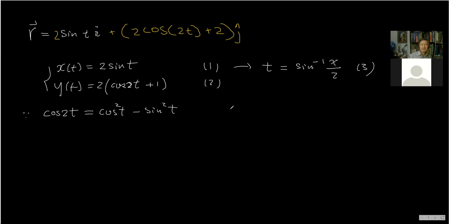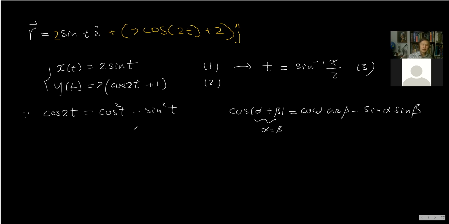It comes from cosine alpha plus beta equals cosine alpha cosine beta minus sine alpha sine beta. So if alpha equals beta, we get this formula. It's called the double angle formula.